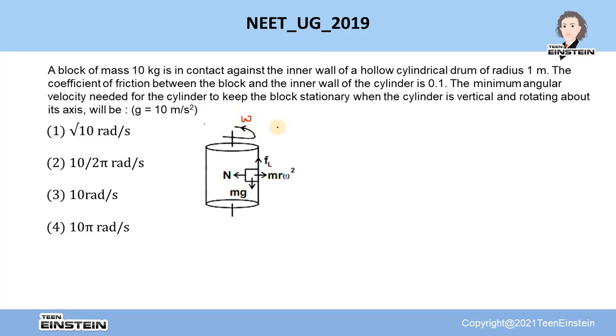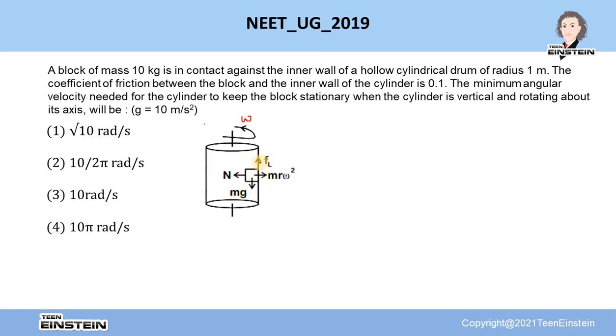Okay, so at this condition, if we draw a free body diagram, look, there are 4 forces acting on this block. One is the frictional force. When the block is sliding down due to its weight, the frictional force will come into the picture, and that will be acting against the weight.